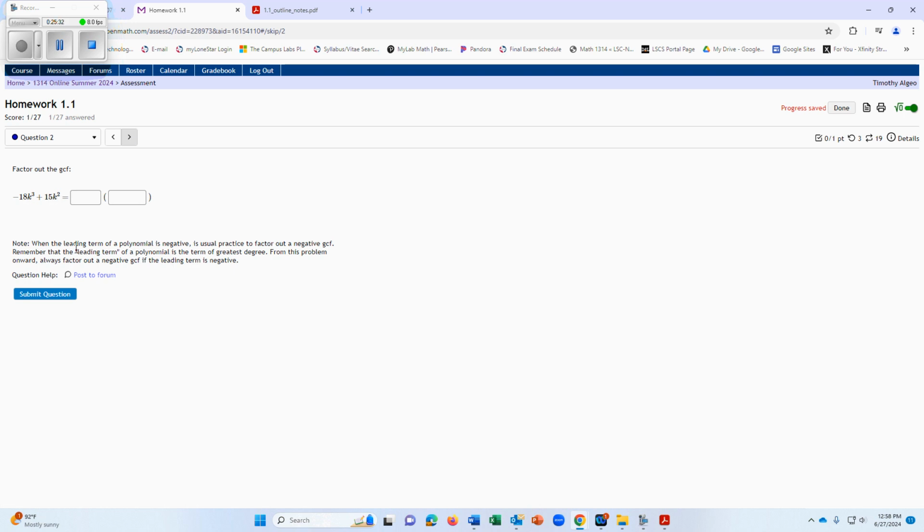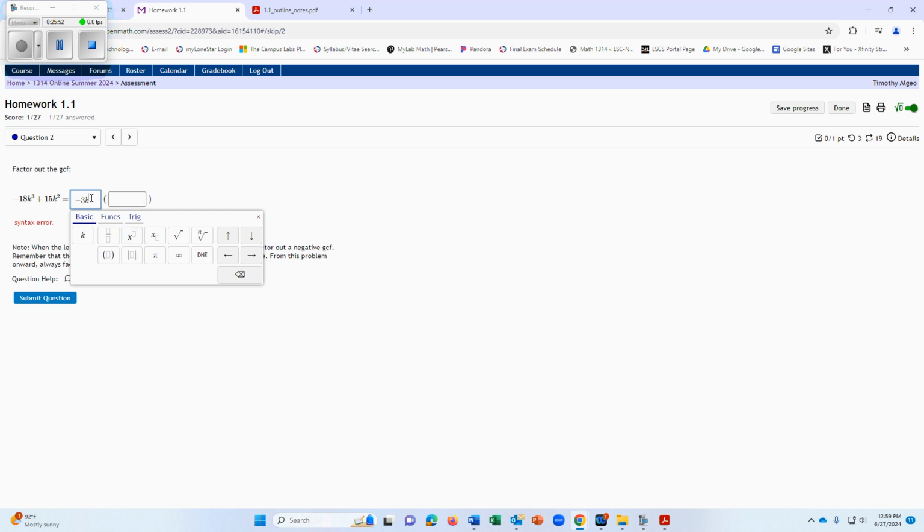Note, remember when the leading term of the polynomial is negative, it's usual practice to factor out the negative. So you're going to want to pull out a negative, and I also have to pull out a k with it, actually k squared. So we're going to pull out -3 and then k, and if I hit this, it'll give me to the power of, and I can put a 2 there.